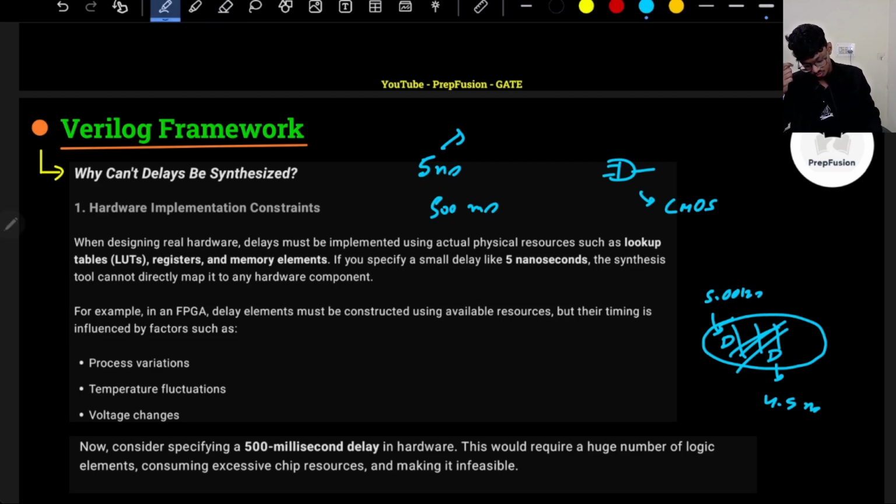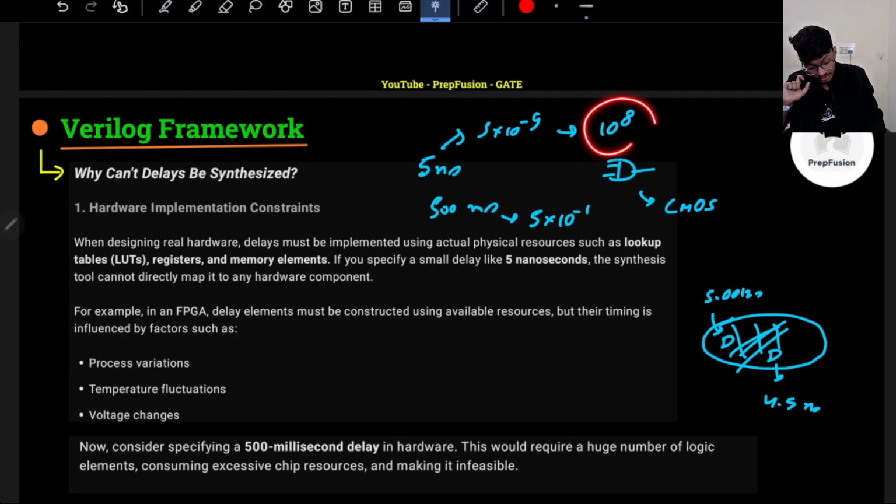So this will be too high. Basically this is 5 into 10 raised to power minus 9, and I have to go to 5 into 10 raised to power minus 1. How many AND gates will I require? 10 raised to power 8, because of how much delay this is in seconds. This is 5 into 10 squared into 10 raised to power minus 3, that is 10 raised to power minus 1.